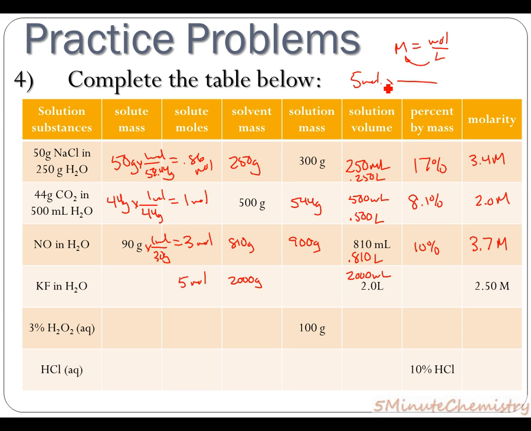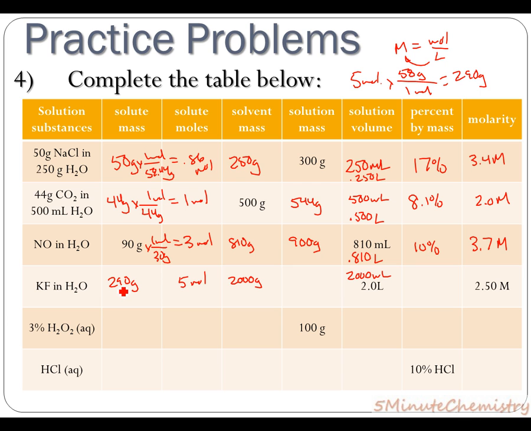So 5 moles, and it is 58 grams in 1 mole. So 5 times 58 is going to give us 290 grams. So we carry that down here. There are 290 grams of my solute, KF.